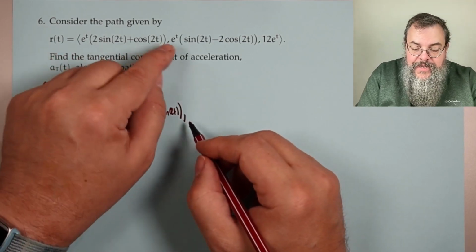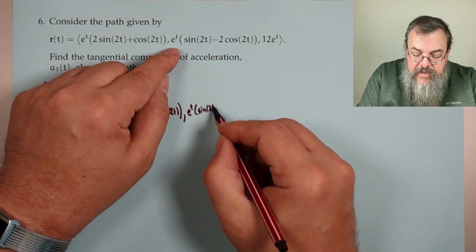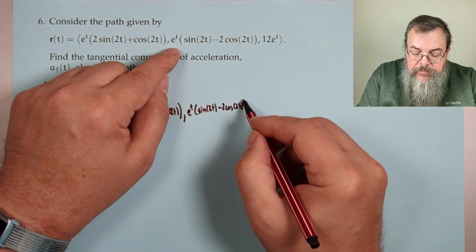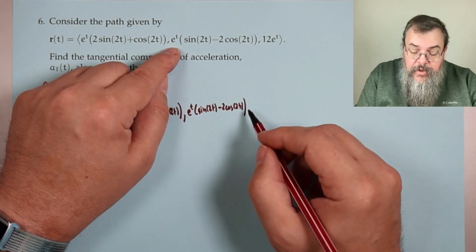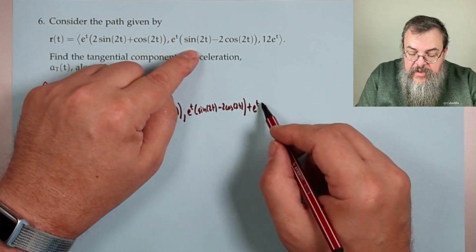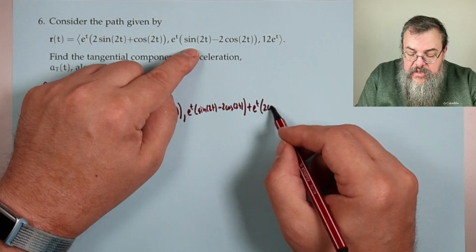Comma. Derivative of the first, e to the t, times the second, sine 2t minus 2 cosine 2t. And then plus the first times the derivative of the second. All right, so derivative of sine 2t, that's 2 cosine 2t.